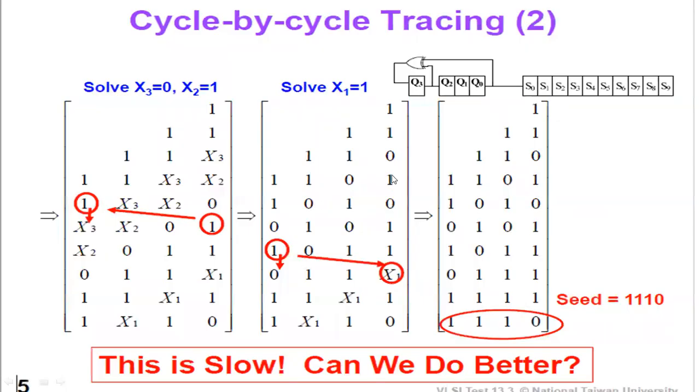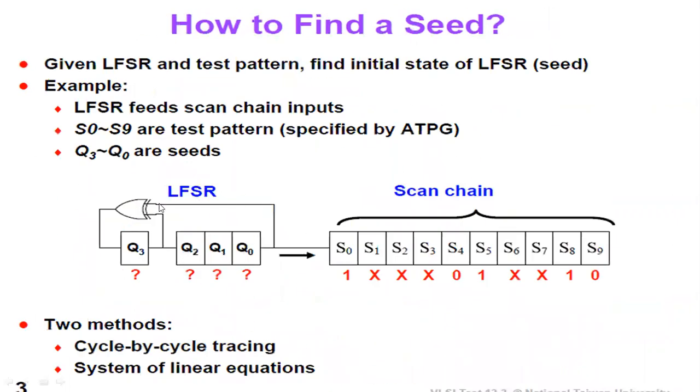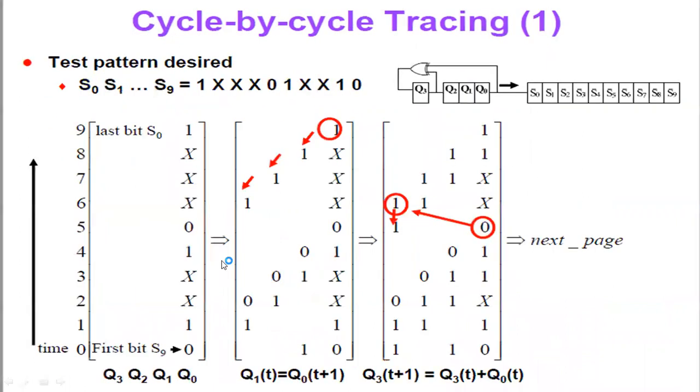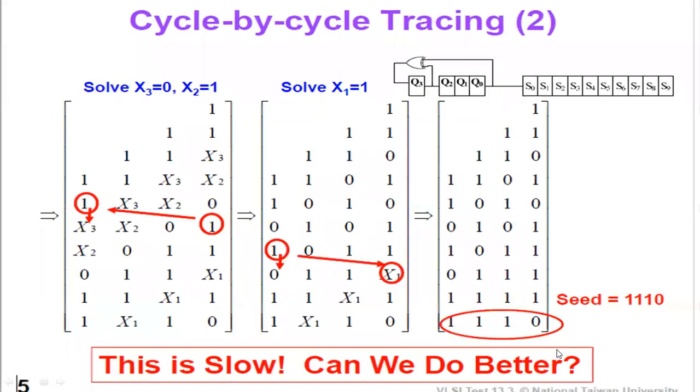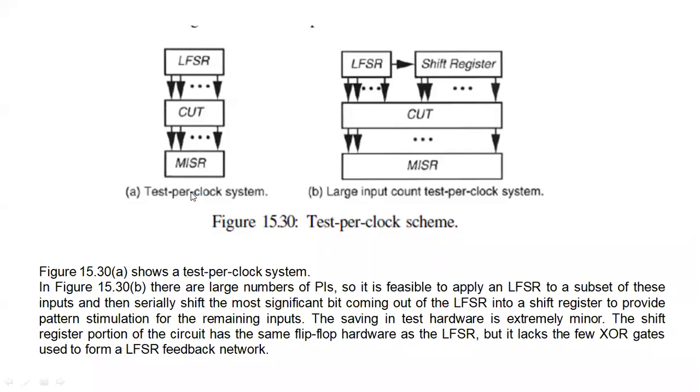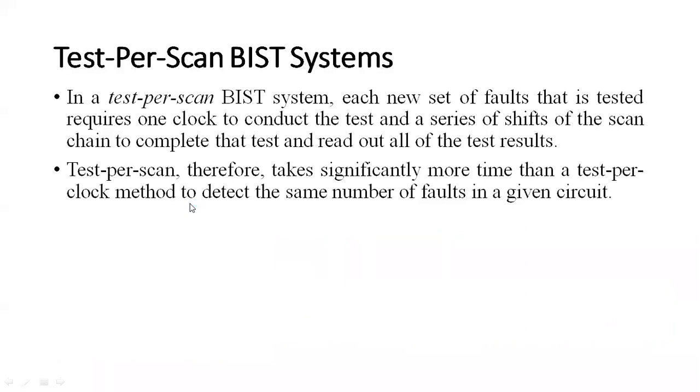When you perform a shift operation from the LFSR, each and every scan operation is driven by each and every clock signal, right? You can see here that based on the clock cycle, all the scan inputs are taken, and we have set the LFSR and defined the seed operation. See here also the concept of test per scan built-in self-test.